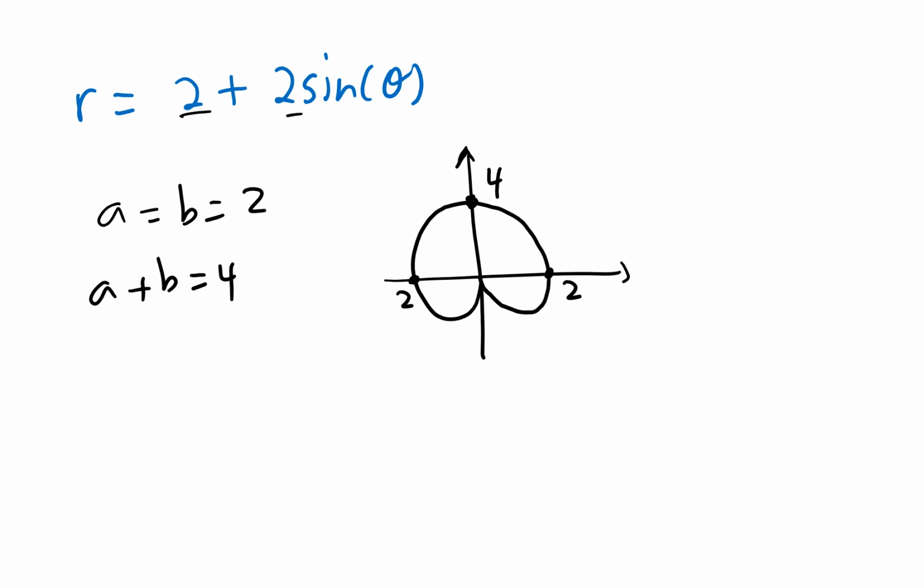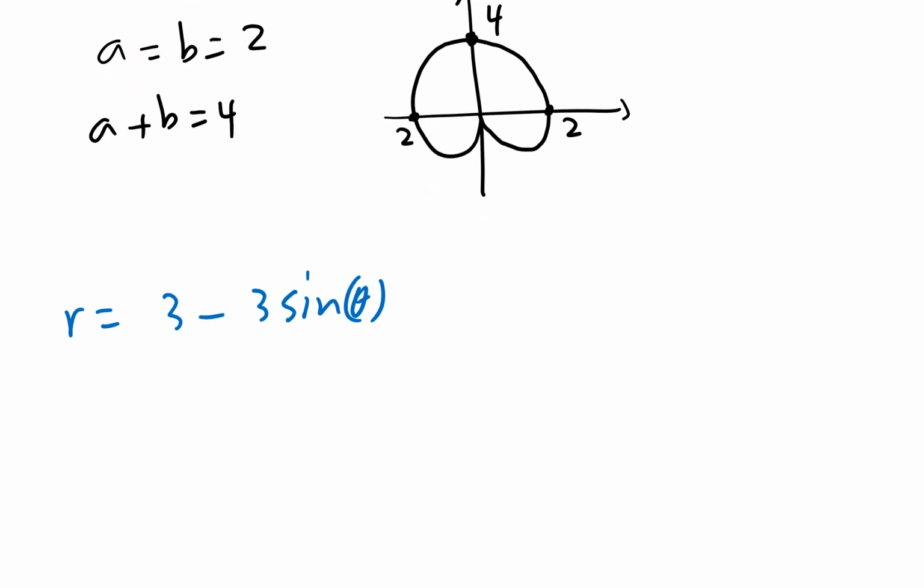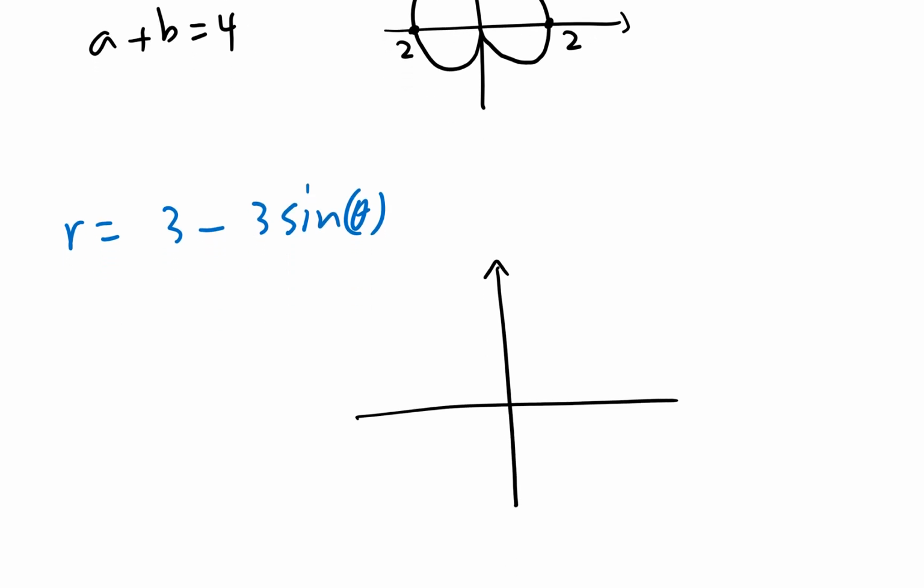So if you're asked 3 plus 3 sine, you go 3 to the right, 3 to the left, and 6 up. If they ask you r equals 3 minus 3 sine, you're still going to go 3 to the right, 3 to the left, and 6 down. That's a minus, so it's going to go down.